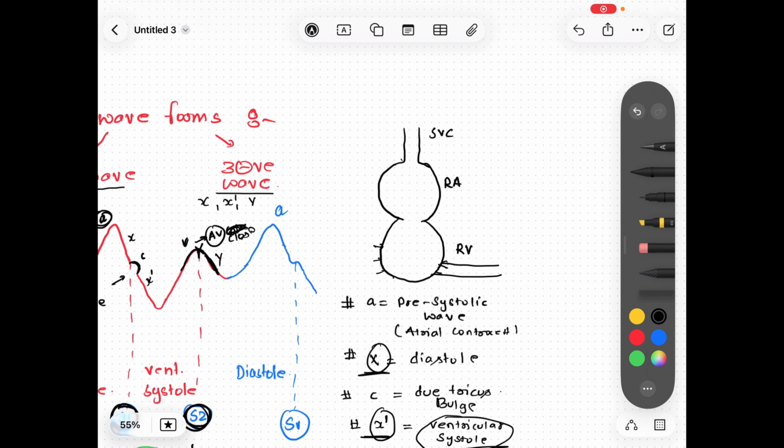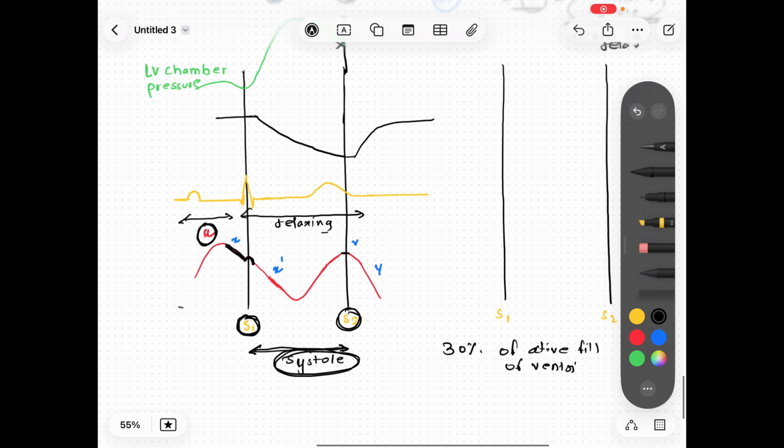Before the pulmonary valve opens, the tricuspid valve closes, and there is a bulge of pressure into the superior vena cava, which forms a small bulge called C wave. Again, the ventricle is in systole but the atria is relaxing, which forms X descent. Now the atria is filled with blood. As the pressure rises, again a positive wave forms, which is V wave. And after this, the tricuspid valve opens.